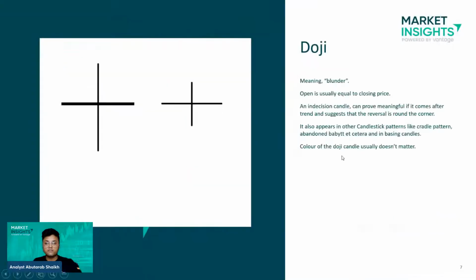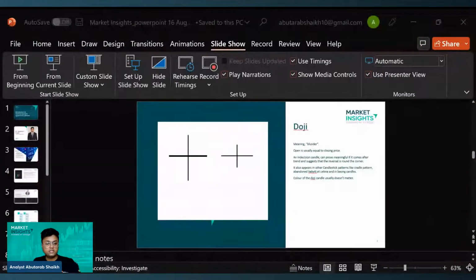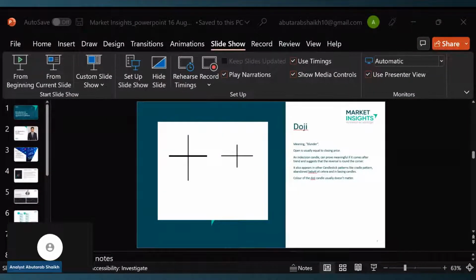We will understand it. So the first outstanding candlestick pattern is a doji, right? Now the Japanese people are so simplistically intelligent. They are so intelligent that they keep things very simple. If they say doji, doji means a blunder. Just give me a moment. This is going to be very exciting. So just bear with me right now.